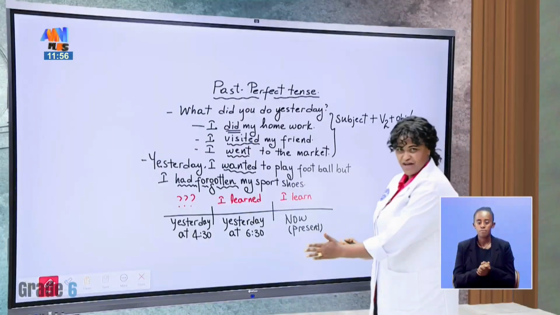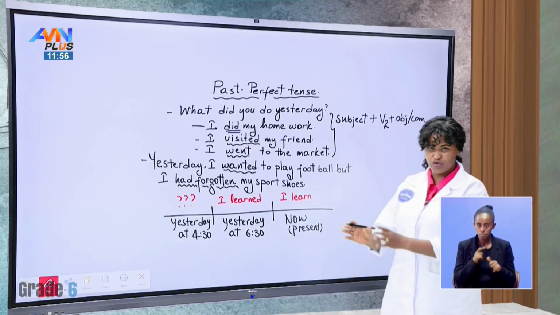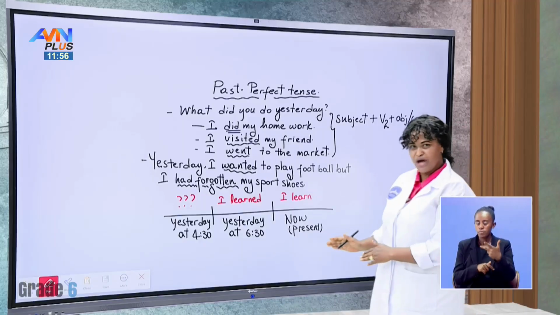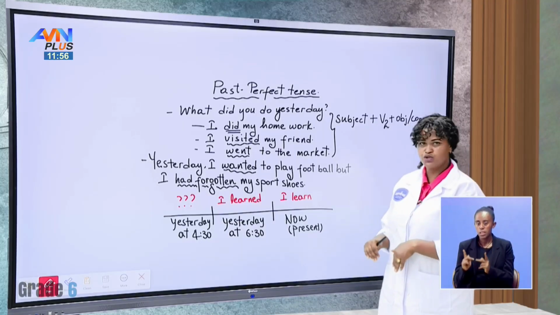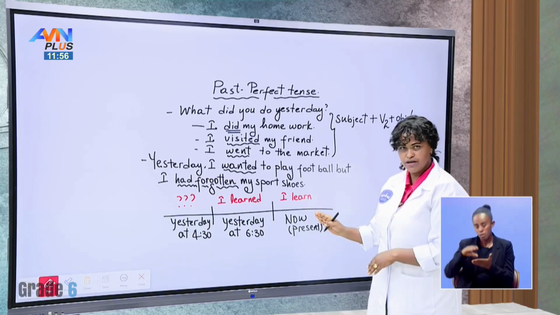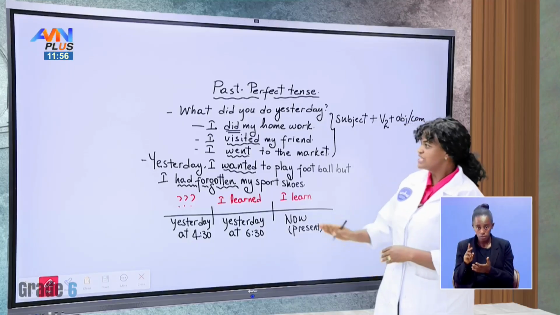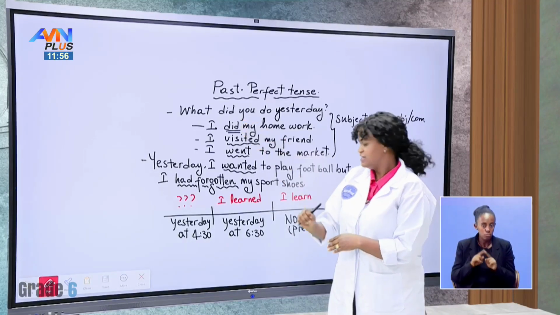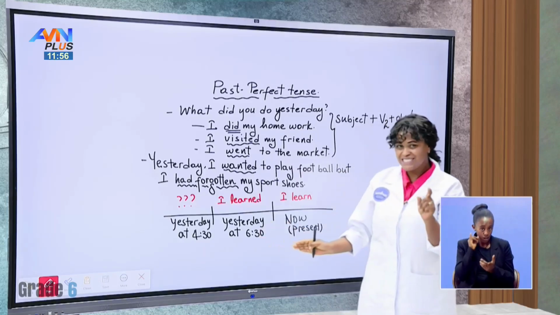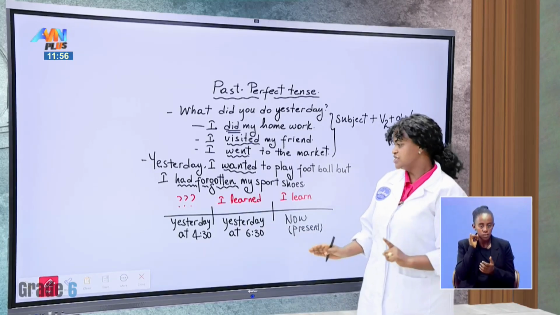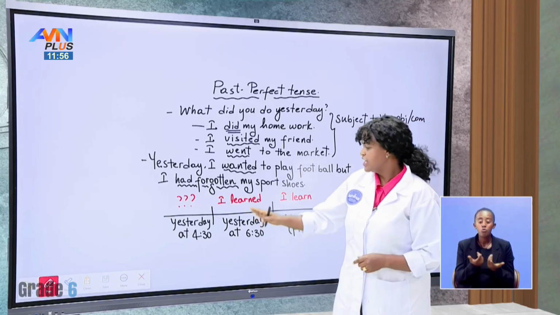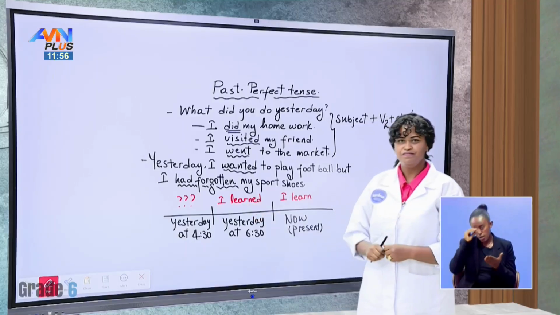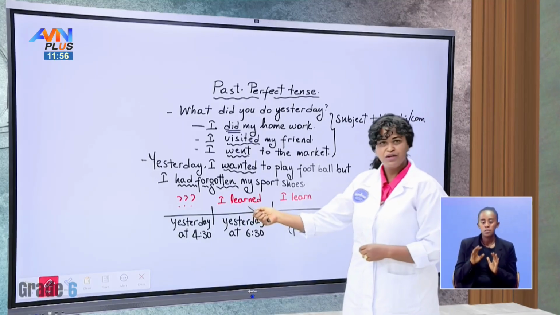We classified our timeline into 3. The recent one, or the present action, how do we tell? I learn, all right? Just like what I asked you at the beginning of the lesson, yesterday, but yesterday at 6:30, how do you say? I learned. Okay, maybe this time you say what?